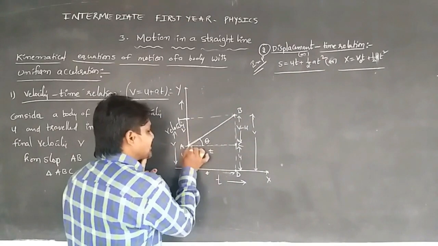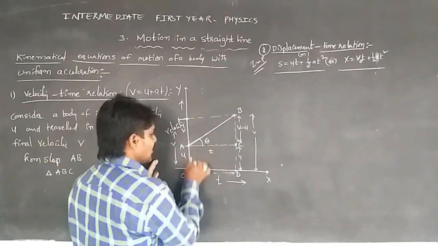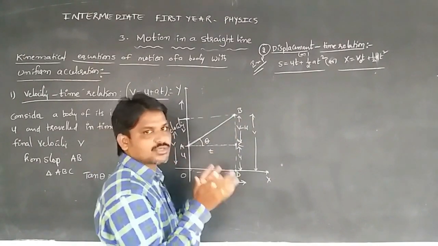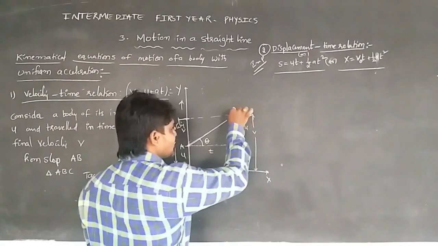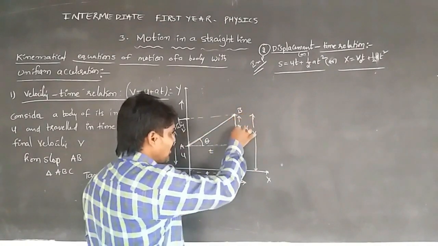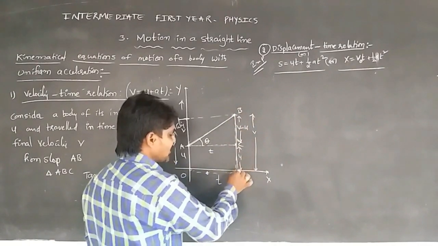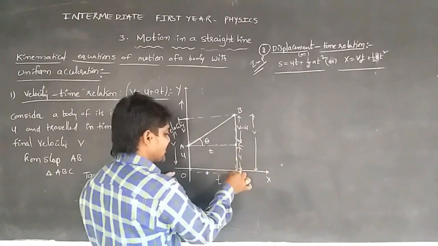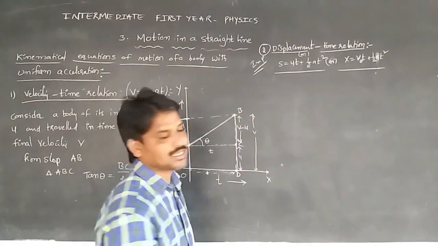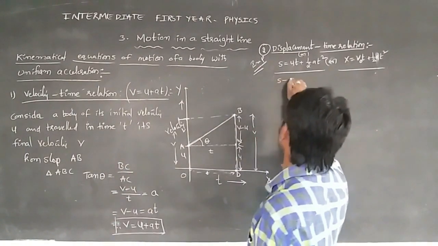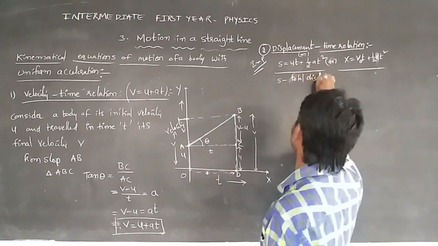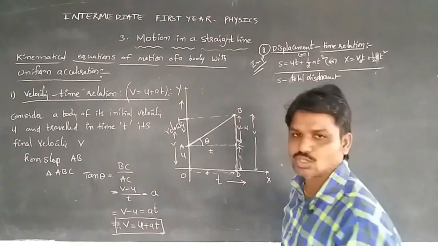When the body has travelled for t seconds, it reaches the point B. The total displacement of the body is the area under the AB tangent line, from the perpendicular drawn to the x-axis. Let S be the total displacement.